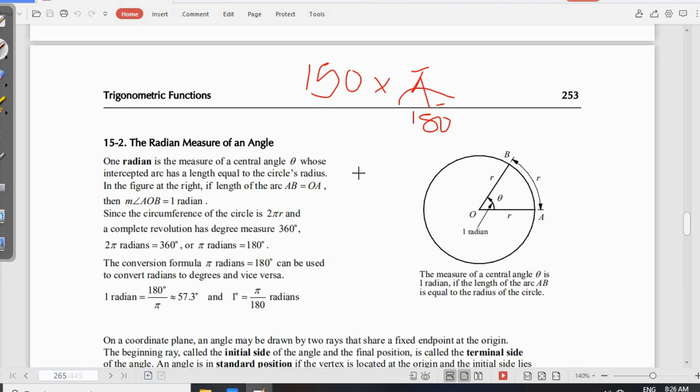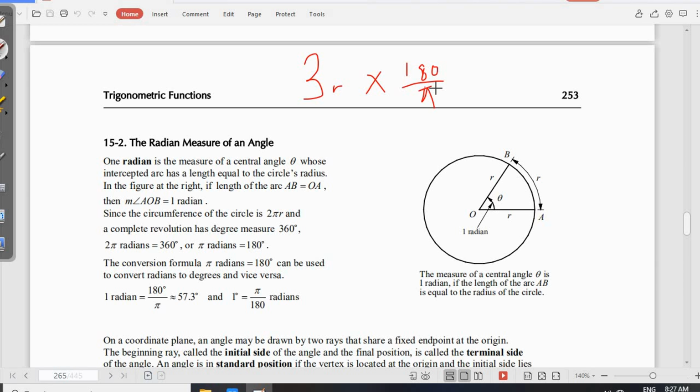Then if you want to move radians to degrees, all you need to do is multiply by 180 over pi. So for instance, if you want to convert 3 radians to degrees, just simply do 3 times 180 over pi.